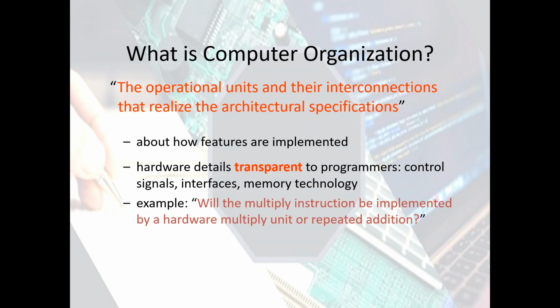In simpler terms, computer organization deals with the way a computer's internal components are structured and how they collaborate to perform tasks and process information. It is more concerned with the low-level details of hardware implementation and the coordination between various components to ensure the effective operation of the computer system.